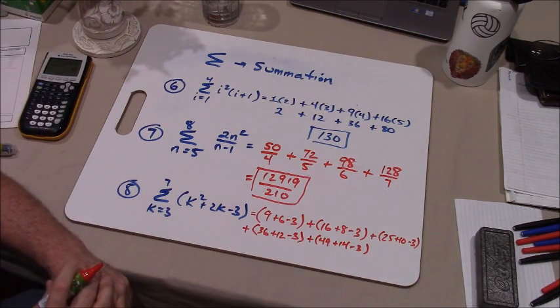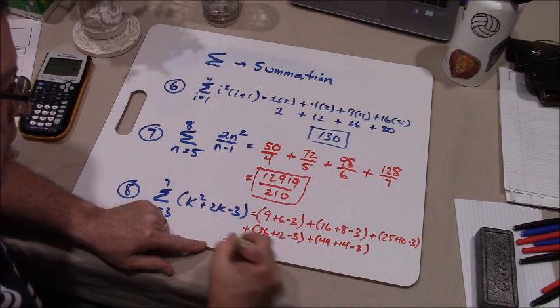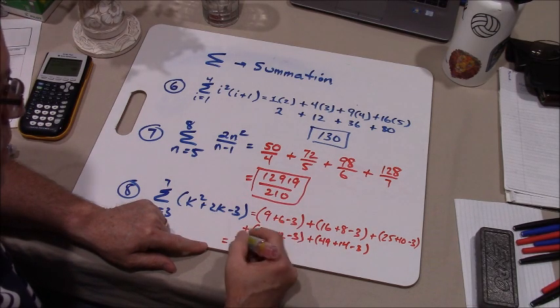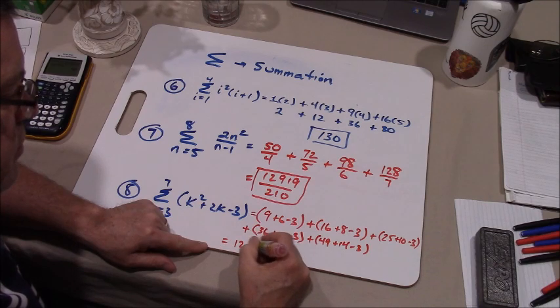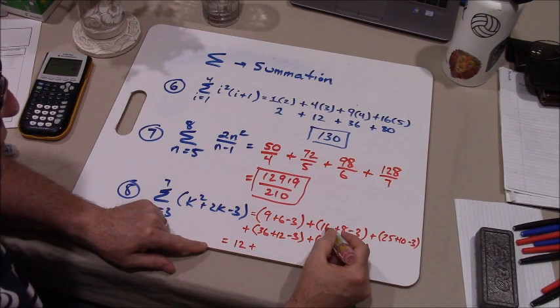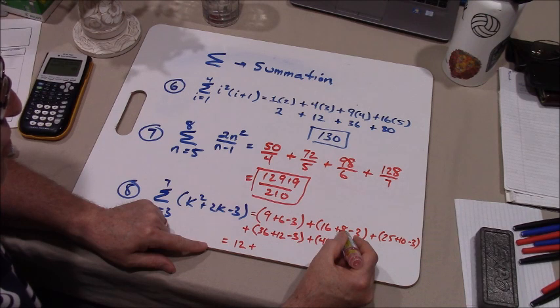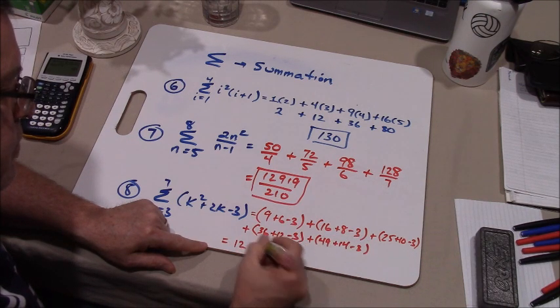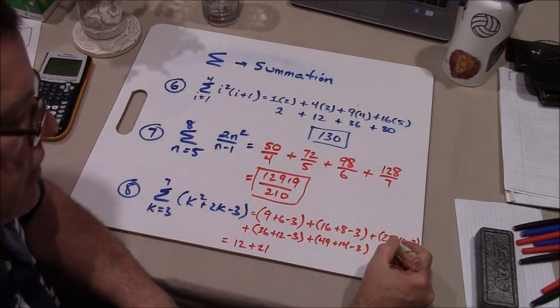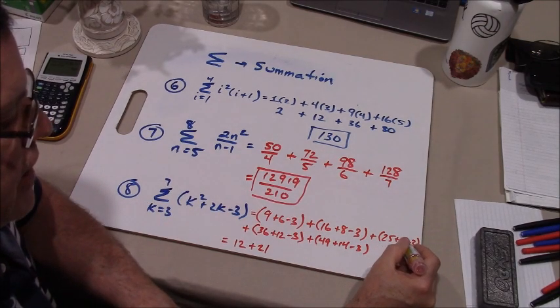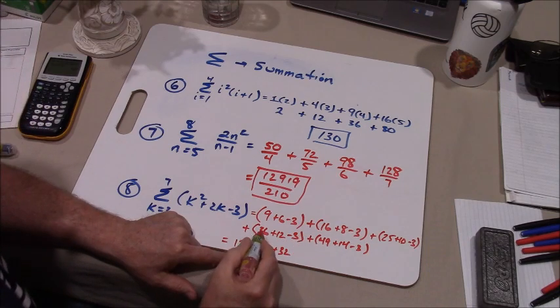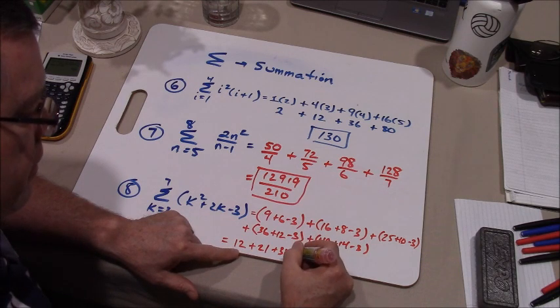So now I'll figure out the answer for each set of parentheses. I've got 9 plus 6, that's 15, minus 3, that's 12. Here I've got 16 plus 8, that's 24. Minus 3, that's 21. Over here I've got 25 plus 10, that's 35. Minus 3, that's 32. Add these, I get 48. Minus 3, that's 45.